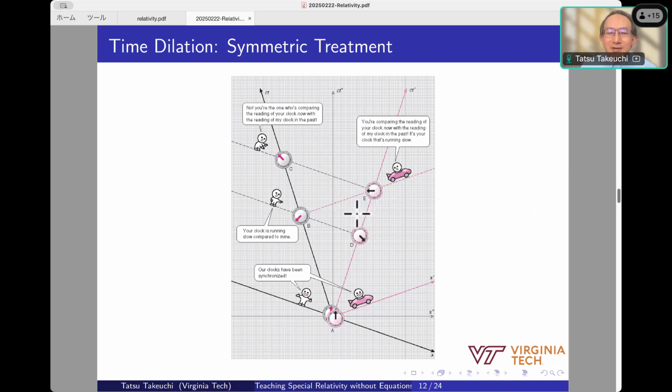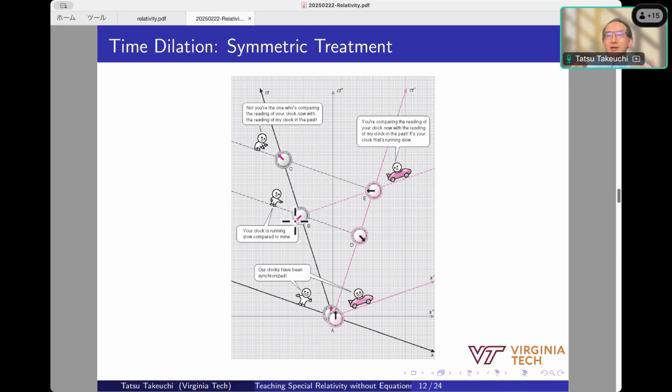Okay, so when you compare the reading of this clock with this clock, the reading of this clock will be advanced compared to the reading of this clock, and this observer will conclude that the other clock is running slow. But the moving observer will compare this reading with that reading, and will conclude that the other clock is running slow.